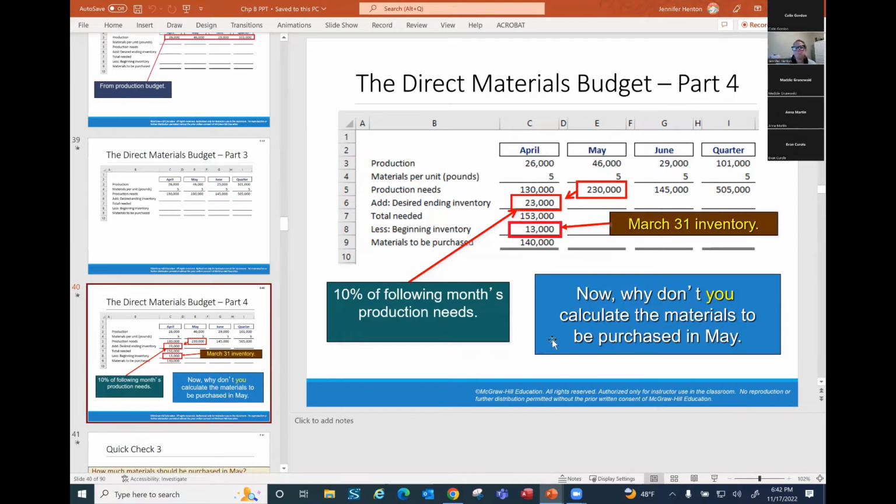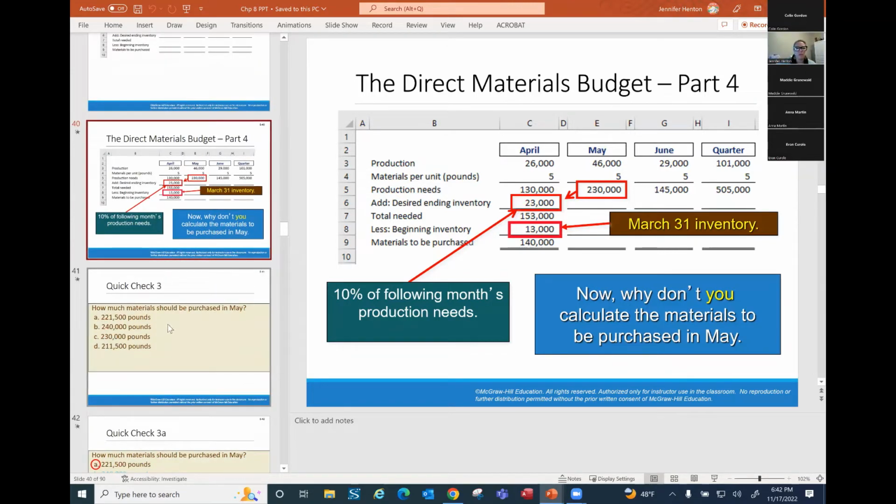All right. So now we have to calculate and fill in the rest of the quarter. They want to know how much materials should be purchased in May. That's our next question. So we need to look over here. So we know it's 230,000, but we've got to figure out what's that desired ending inventory.